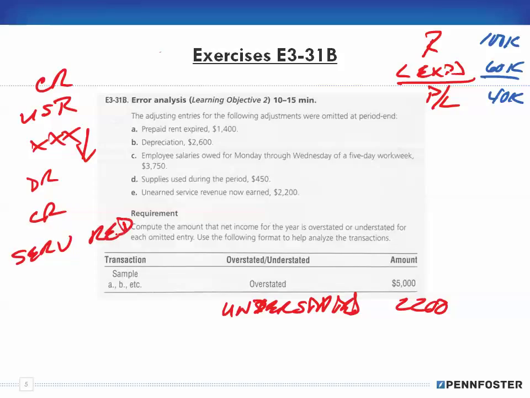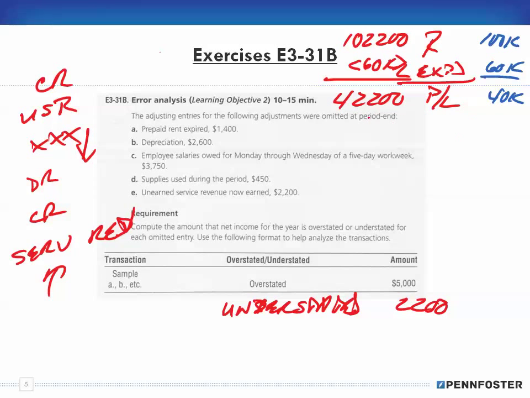Well, if I'm crediting service revenue, that means I'm increasing my service revenue. So now instead of having 100,000, I'm going to have 102,200. And if my expenses stay the same at 60,000, the difference between the two is 42,200.